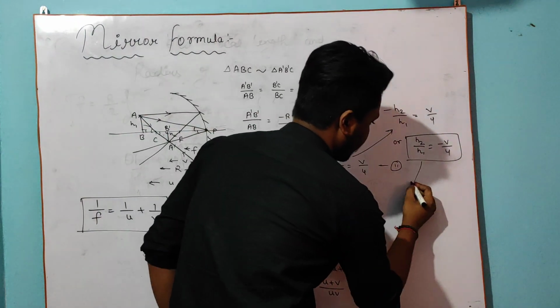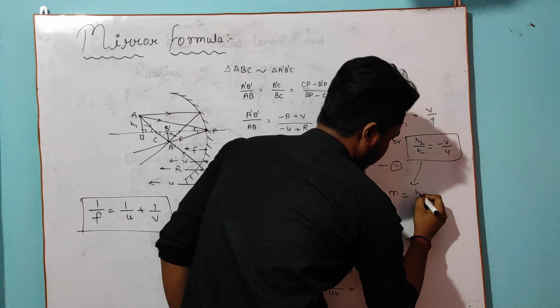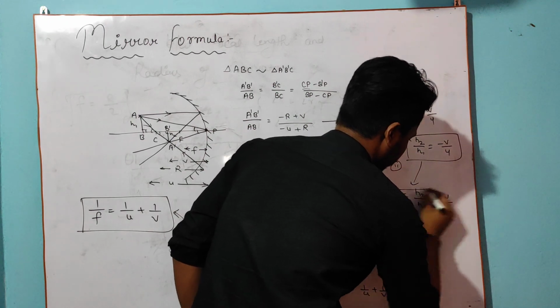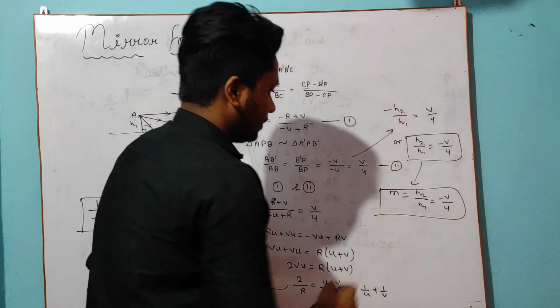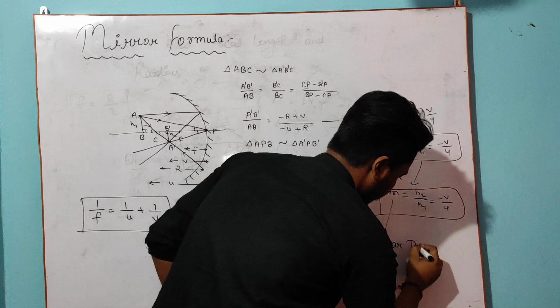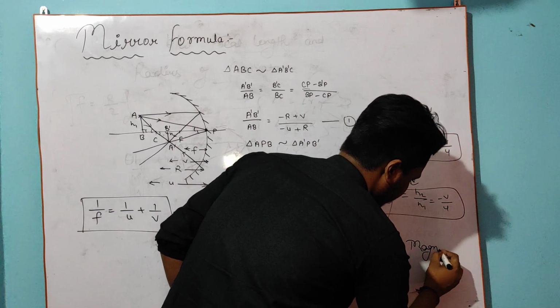It is denoted by M. H2 by H1, which is equal to minus V upon U. This is the linear magnification.